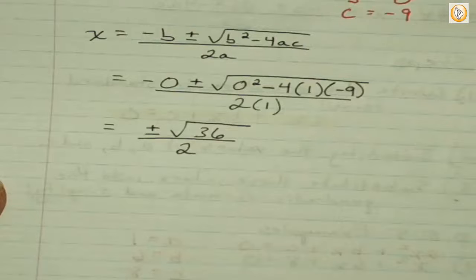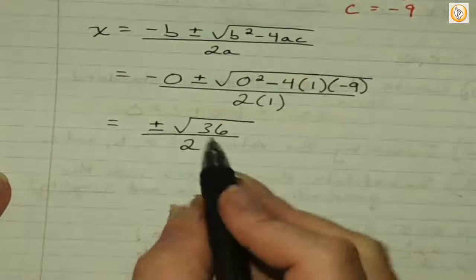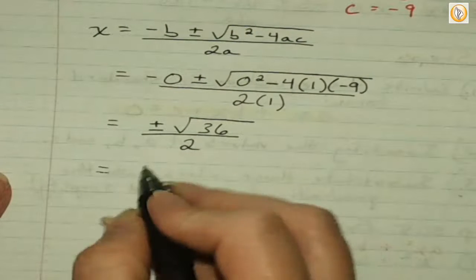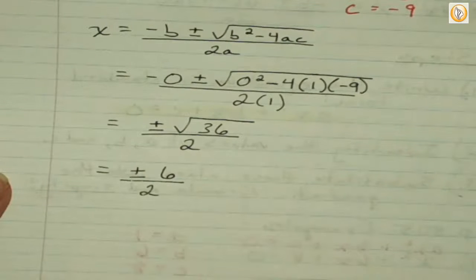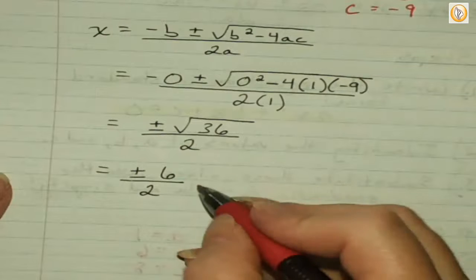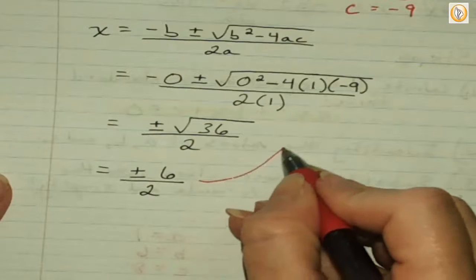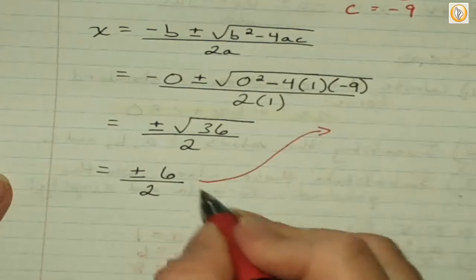Any questions as to where I'm getting this information? Okay, Whit, what is the square root of 36? 6. So I have plus minus 6 over 2. All right, we've gone as far as we can go. I'm going to draw my little arrows.